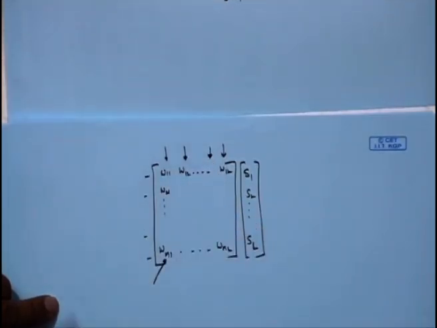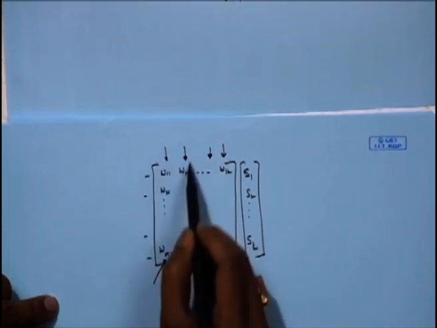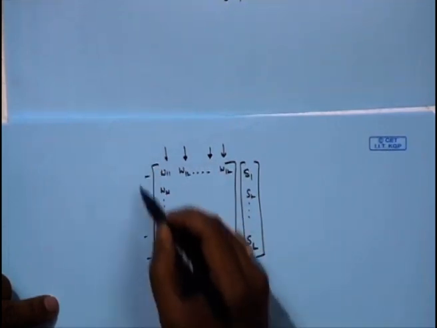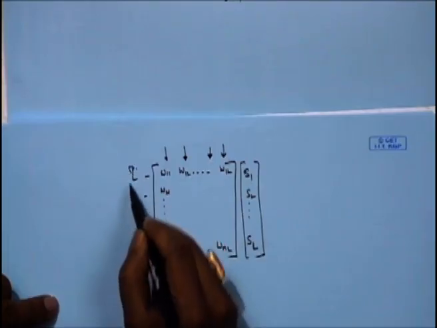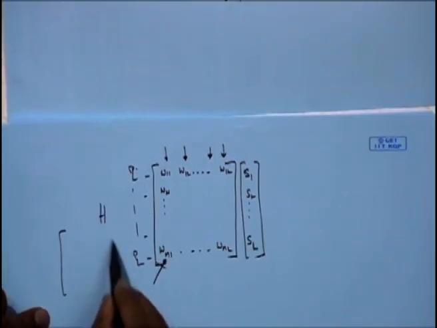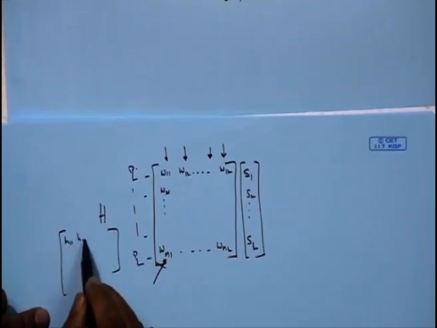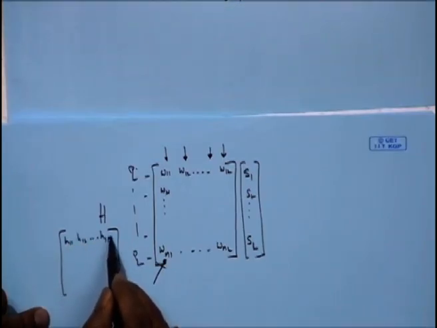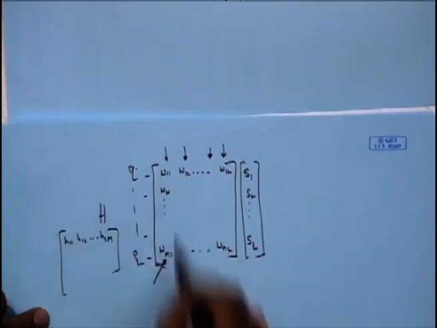So, what we are seeing is that we could play around with this matrix and use all the transmit antennas, because you have H getting multiplied. H is H11, H12 up to H1M. So, all the transmit antennas get multiplied.